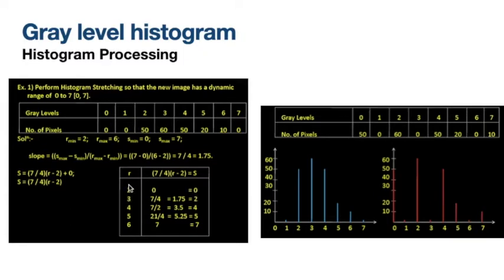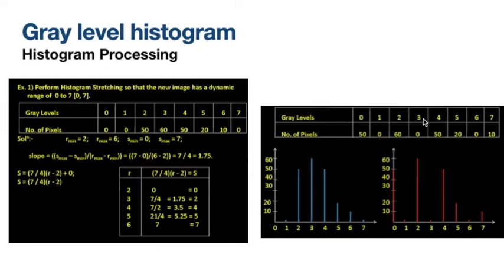For 2 the number of pixels is 50, so S equal to 0 will have number of pixels equal to 50. Then for gray level 1, there is no value 1, so the number of pixels will be 0.